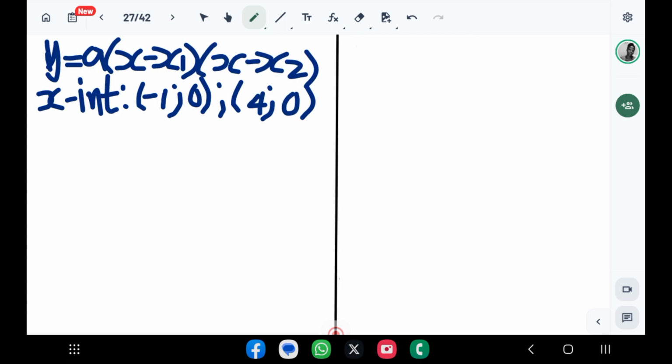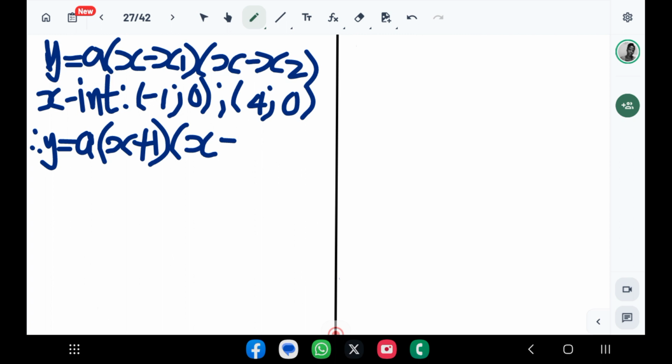Now this is how you put them into the equation. Therefore the equation becomes y equals a in bracket x plus 1, you go the opposite sign, that will be x minus 4, which equals a in bracket.